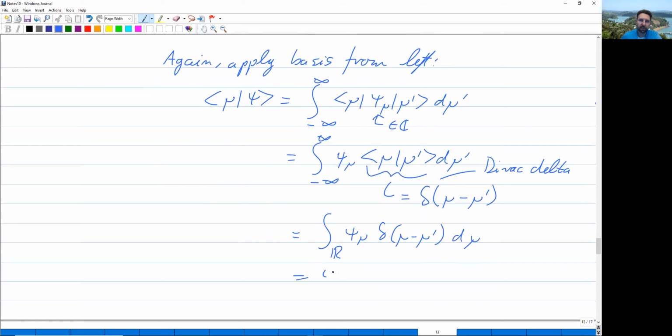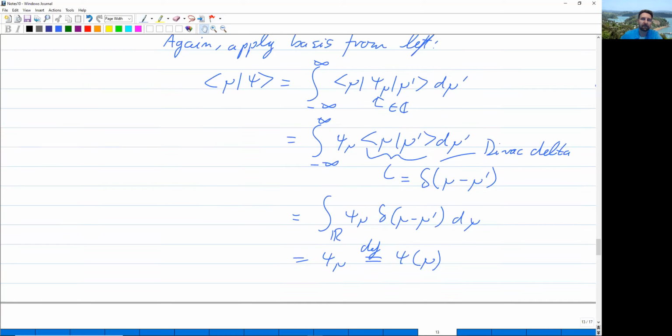So this is psi mu. And we define this to be psi of mu, right? Whenever we have something with a continuous index, we tend to write this as psi of mu. But it's the same thing whether we write psi of mu or psi subscript mu.